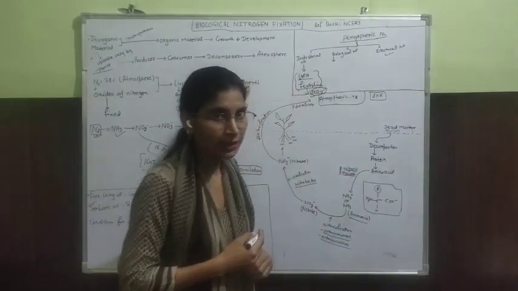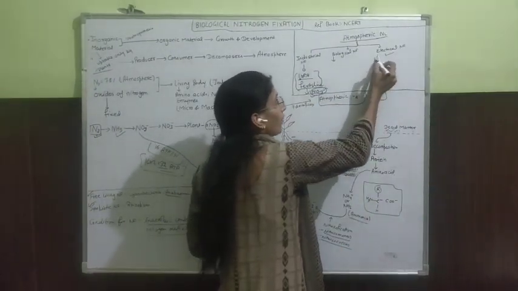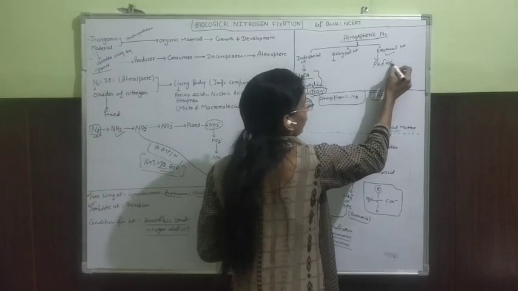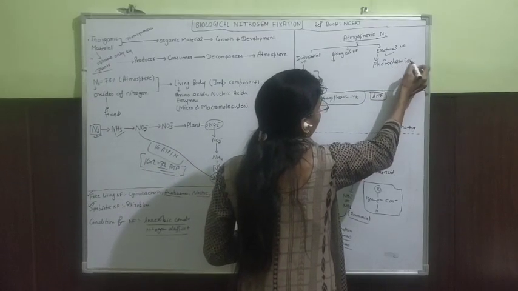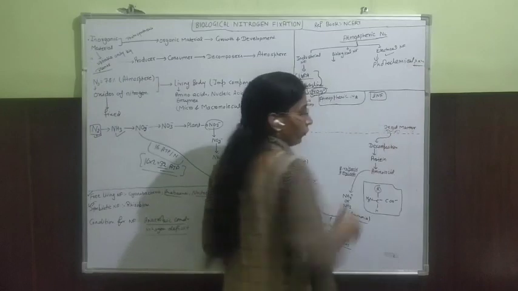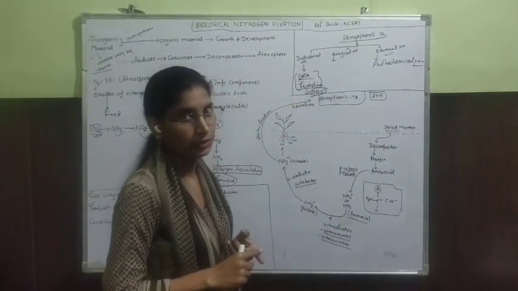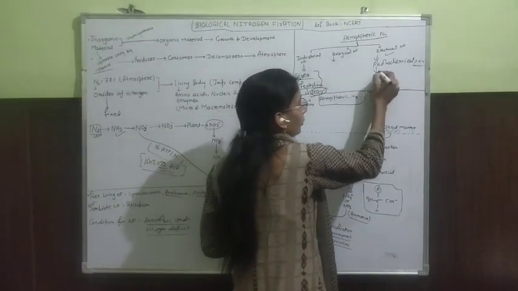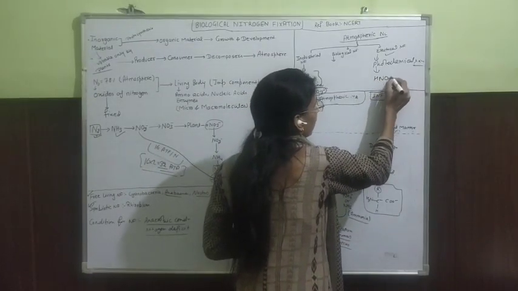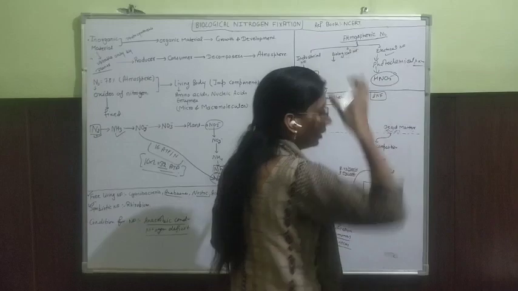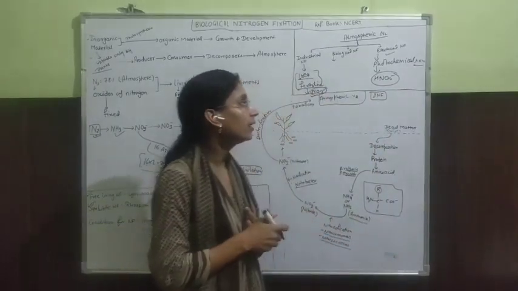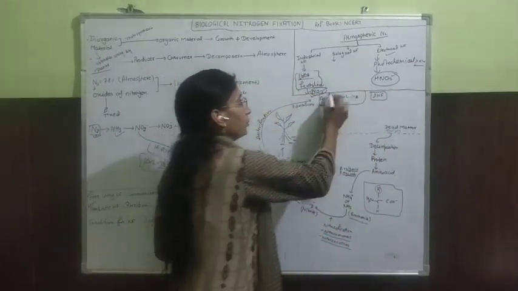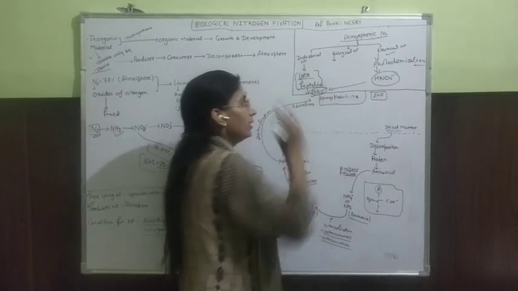In the electrical nitrogen fixation, what happens is a photochemical reaction, where oxygen and hydrogen help in the fixation of nitrogen, and the ultimate product of this is HNO3, which is trapped by the living system, and then it is also converted into what is called nitrate.